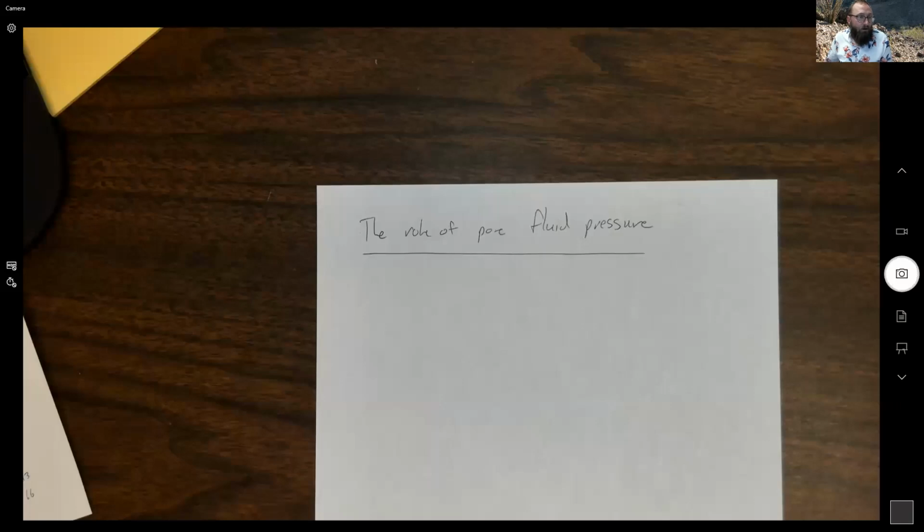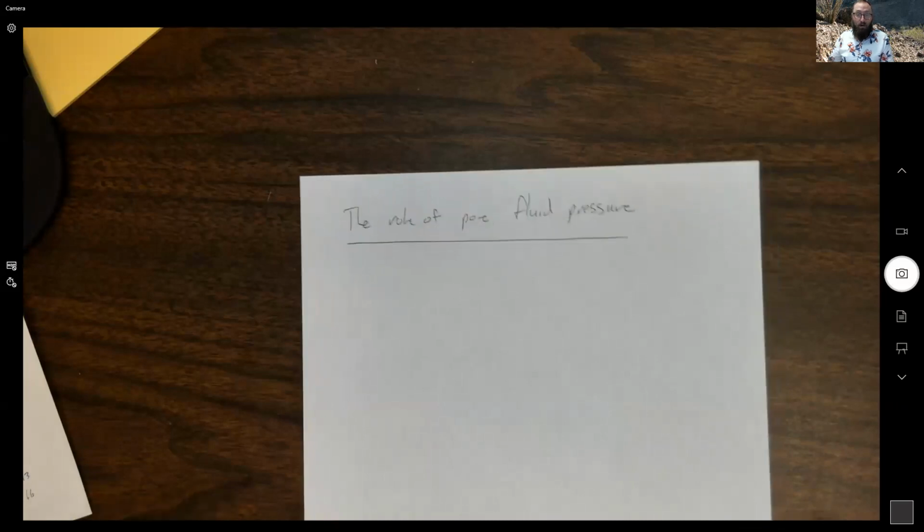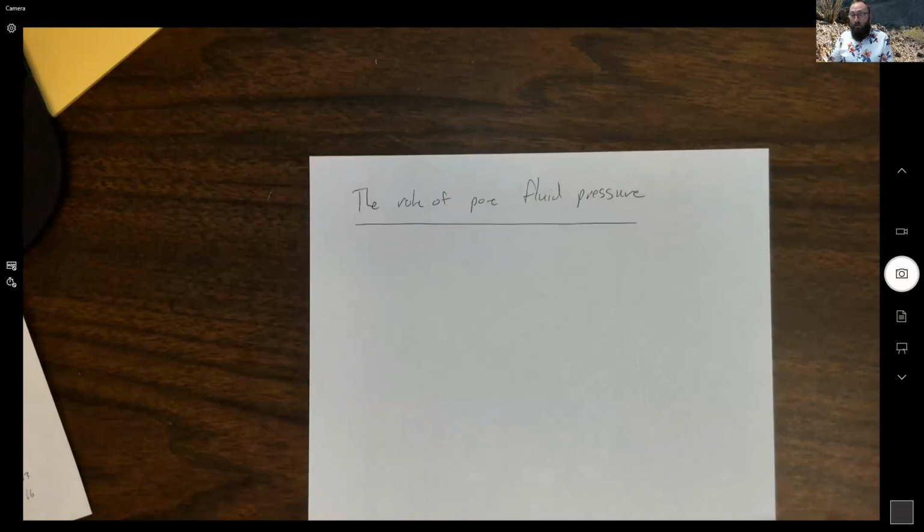All right, so now let's look at the role that fluid pressure has on faulting. If you are in the groundwater class or you've taken groundwater, you probably realize that just about everywhere on Earth, within a few hundred feet or less from the surface, the pore space is saturated in water.